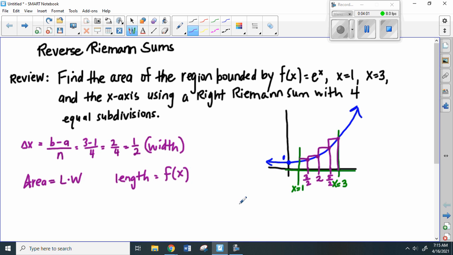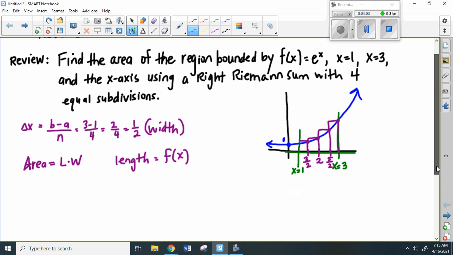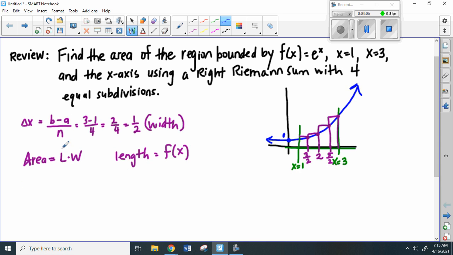If I were going to actually write out my area for each individual rectangle, for the first one, I would do the length times width. Well, the width is going to be 1/2 for all of them. And then the length is going to be literally the function evaluated at the right x value.